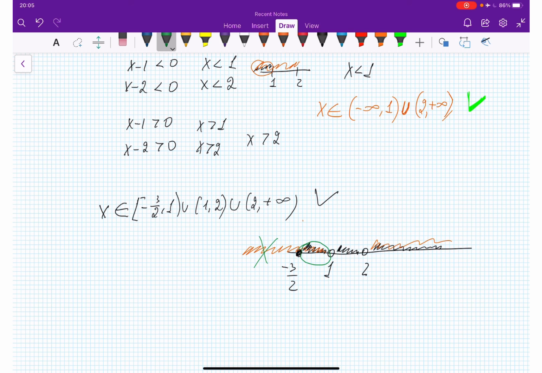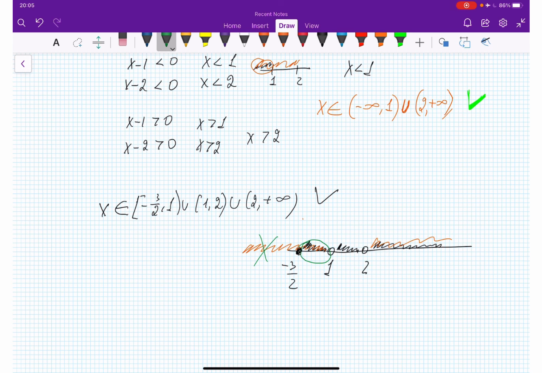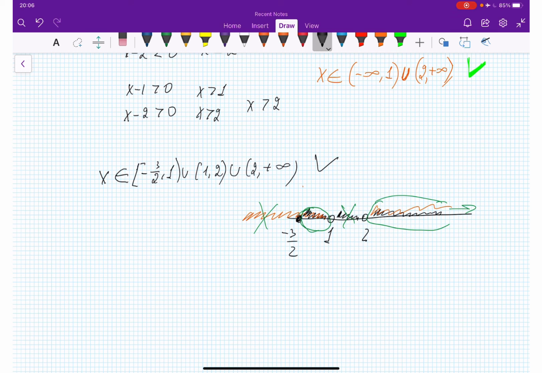So this is going to fall out. Negative infinity is going to fall out, it's going to be limited by negative 3 over 2. This 1 and 2 doesn't have any overlapping here. This is also falling out. So the common area is going to be this, to positive infinity, and this interval.